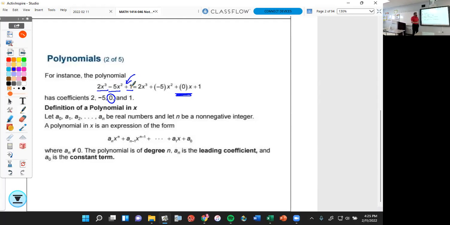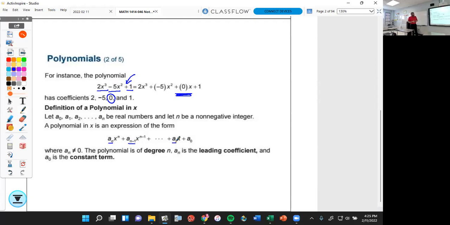So the definition of a polynomial in x is given right there. It's very long. It's arduous. But what they're saying there is that a sub n or whatever, those are just the coefficients for each particular term. And they're just indicating that they're different numbers for each one.